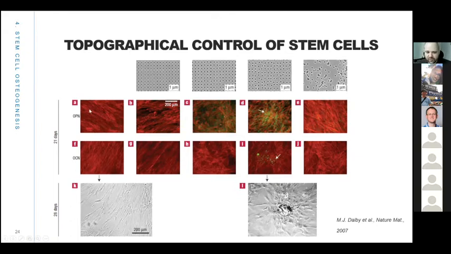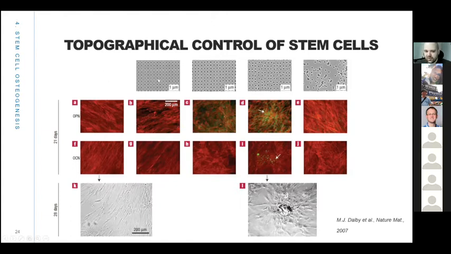And what we're seeing here are dense layers of mesenchymal stem cells from the bone marrow. And we can see that in red here, we have actin, but in green, we have either osteopontin or osteocalcin, which are markers of bone formation. And what we see is that these cells increase their bone formation on these disordered patterns.